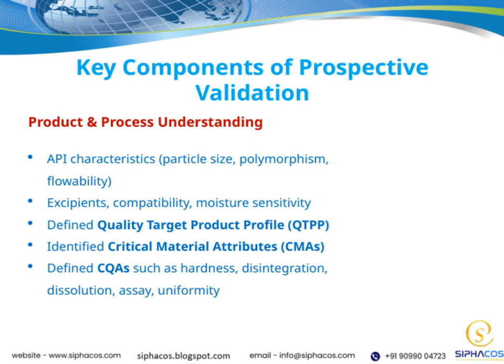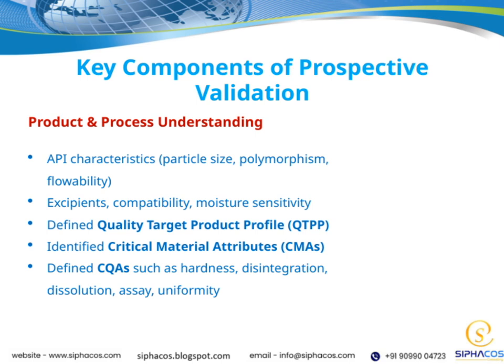These are the specific properties of raw materials that could impact the final product's quality, so understanding and controlling them is crucial. We also establish critical quality attributes, or CQAs, which include parameters like hardness, disintegration time, dissolution rate, assay results, and uniformity. These are the measurable qualities that determine whether the product meets our quality standards.